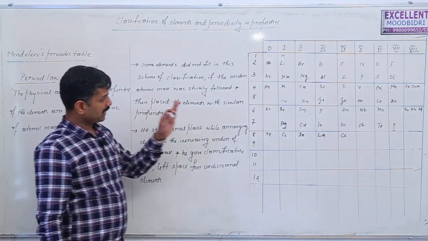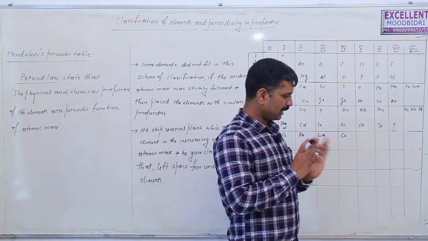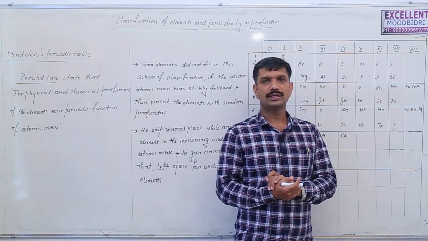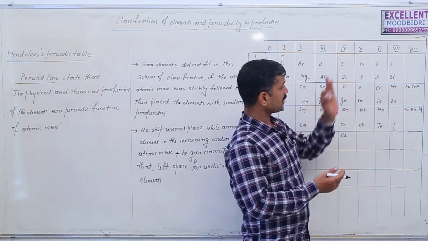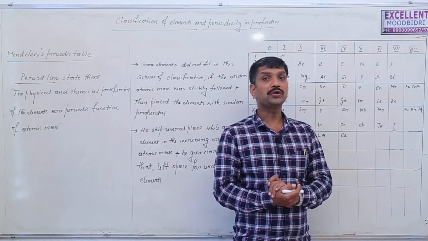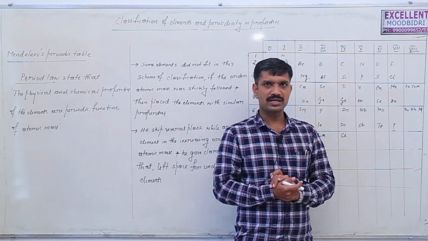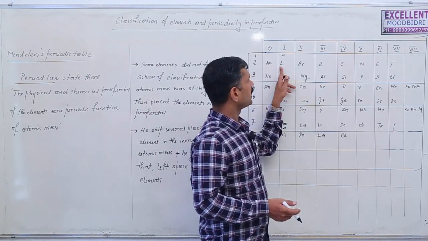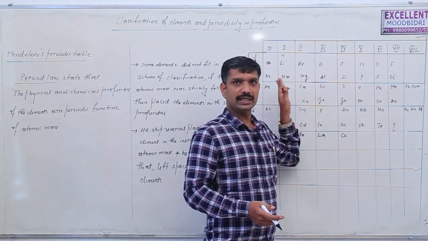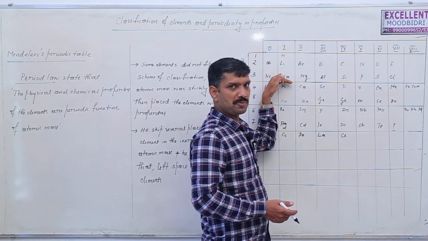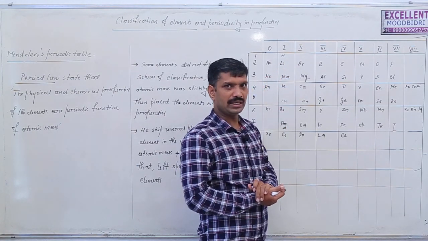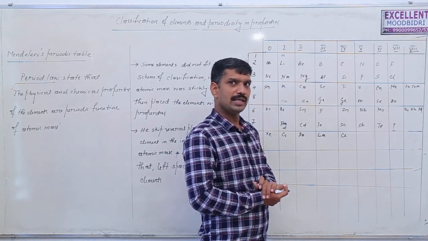Here the Mendeleev periodic law is based on the atomic mass, not the atomic number. Here elements are arranged on the basis of atomic mass, not depending upon the atomic number. From the first period to the second period, or second period to the third period, atomic mass goes on increasing, but it does not depend upon the atomic number.